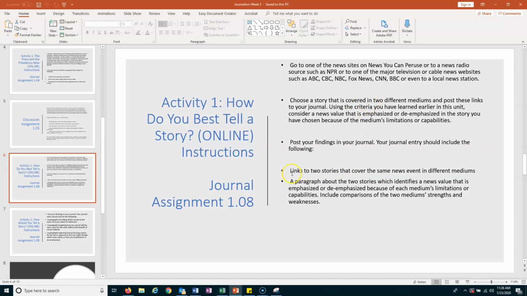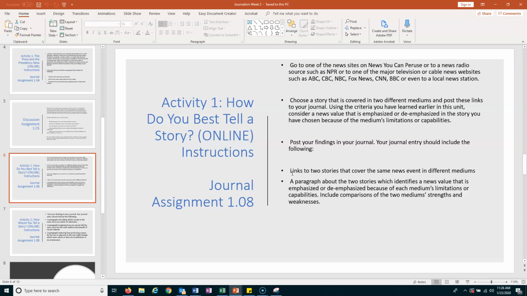Then you are going to write a very brief paragraph about the two stories, which identifies the news value that is emphasized. So is it proximity? Is it timeliness? What news values are emphasized or de-emphasized because of each medium's limitations or capabilities? It includes a comparison of the two mediums and their strengths and weaknesses.